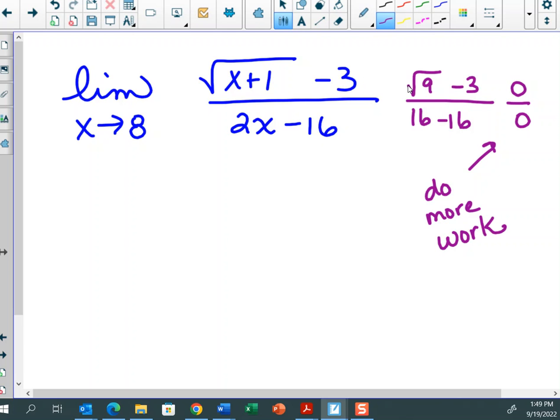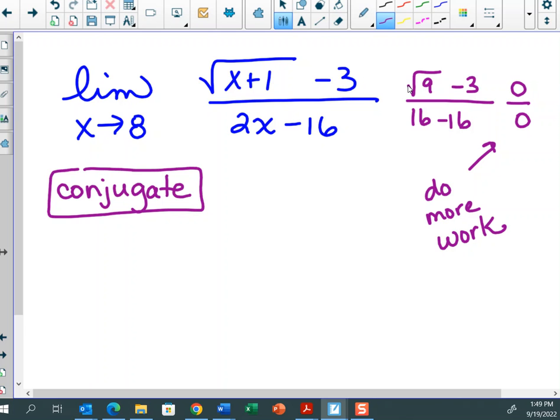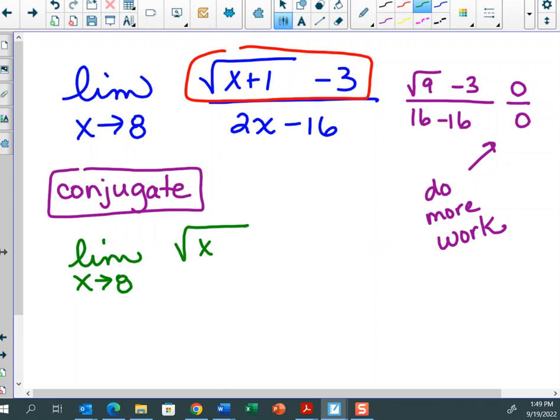The more work in this case is multiplying by this thing called the conjugate. We take the radical expression, the part with the root, and I'm going to take that part exactly the way it is, the square root of x plus 1 minus 3, and I'm going to multiply by this thing called the conjugate.